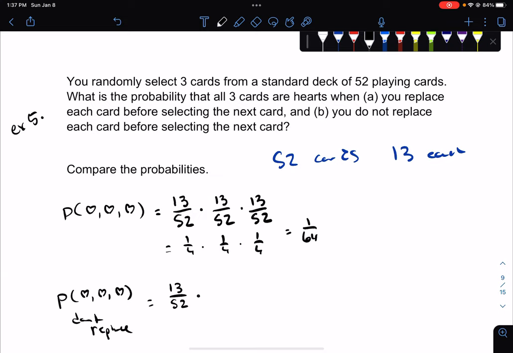The second time, there's only 12 hearts left and there's only 51 cards left to draw from. The third time, there's only 11 hearts left and there's only 50 total cards to draw from. So I have to do 13 times 12 times 11 on the top and 52 times 51 times 50 on the bottom.